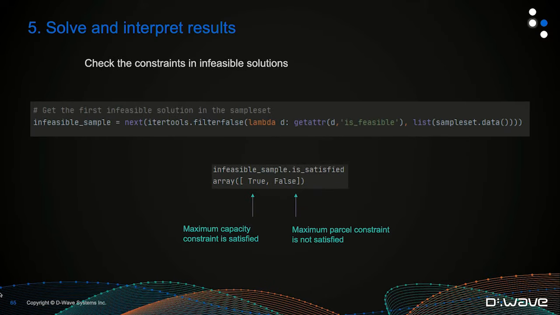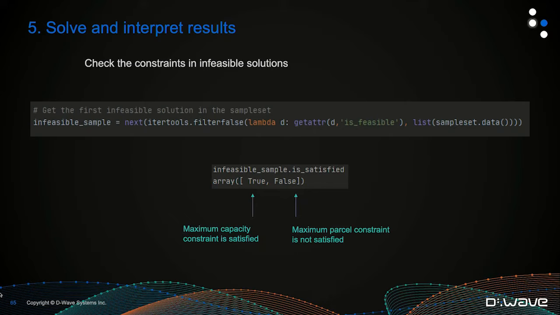If you wanted to get the first infeasible solution, so the lowest energy solution, and you wanted to understand which constraints were satisfied and which weren't, then again, you can use the itertools filter false function to parse through the infeasible solutions.